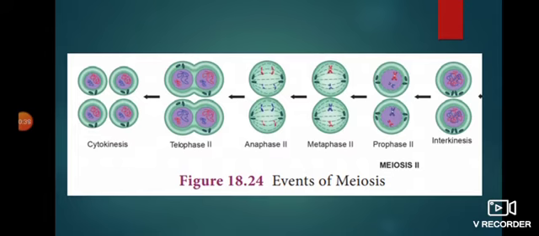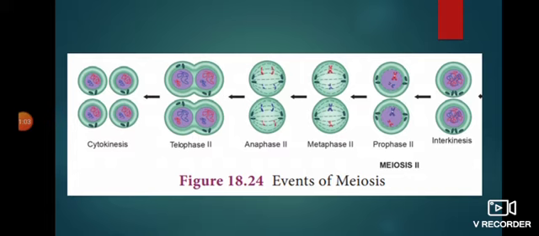During prophase 2, the nuclear membrane and nucleolus disappear and the spindle fibers start to appear. During metaphase 2, the chromosomes are arranged on the equatorial plane. After the division of centromere, during anaphase 2, the chromosomes are pulled towards opposite poles.